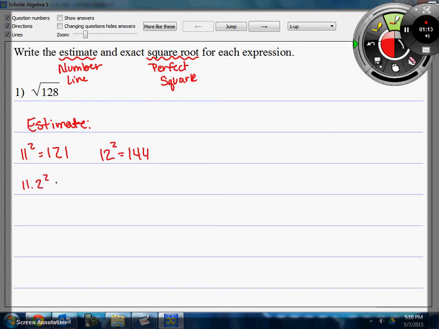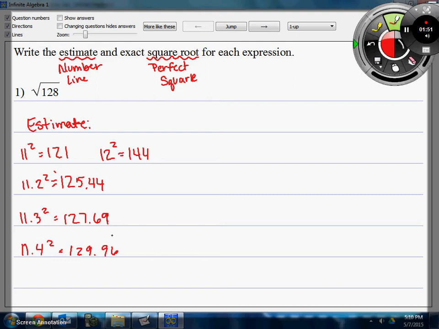So I'm going to try 11.2 squared, and we'll try that. What do we get? And I get 125.44. Okay, so now let me try 11.3. 127.69, and I bet that's the closest I'm going to get, but just in case, I'm going to try 11.4, and I get 129.96.